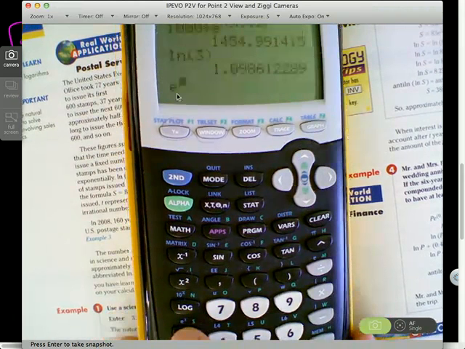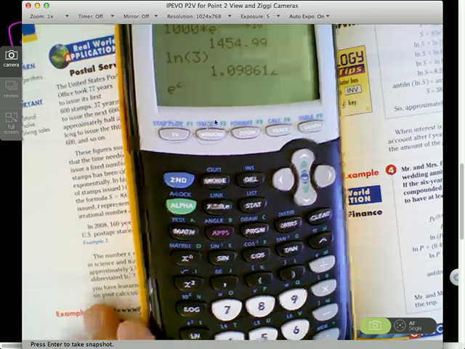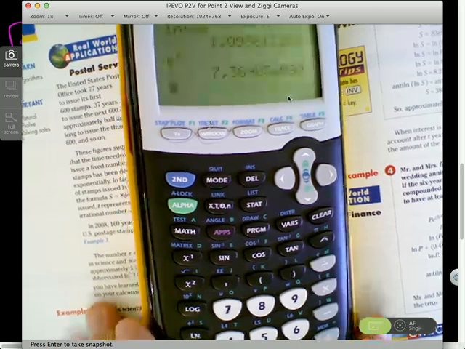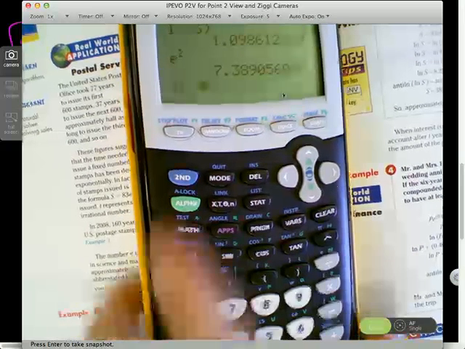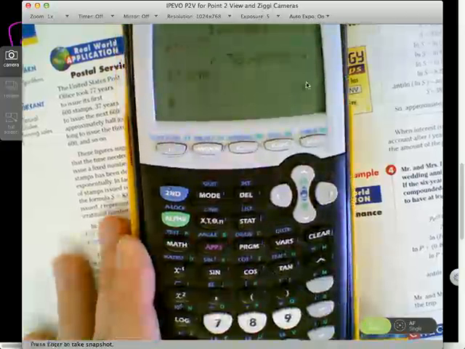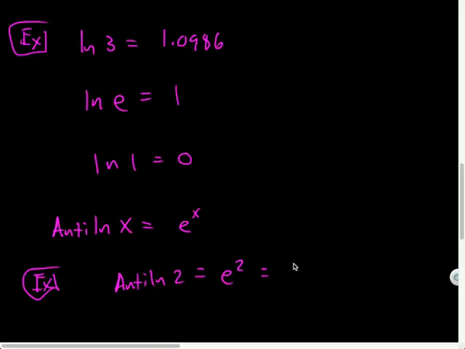That's literally the e to the, so this means anti-ln of 2. I hit that, and I get 7.389, meaning that the ln of that answer should theoretically equal 2. So 7.3891. There's our anti-ln.